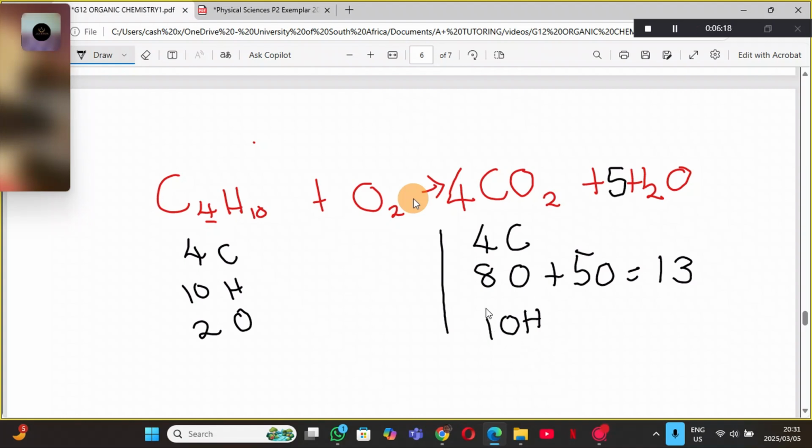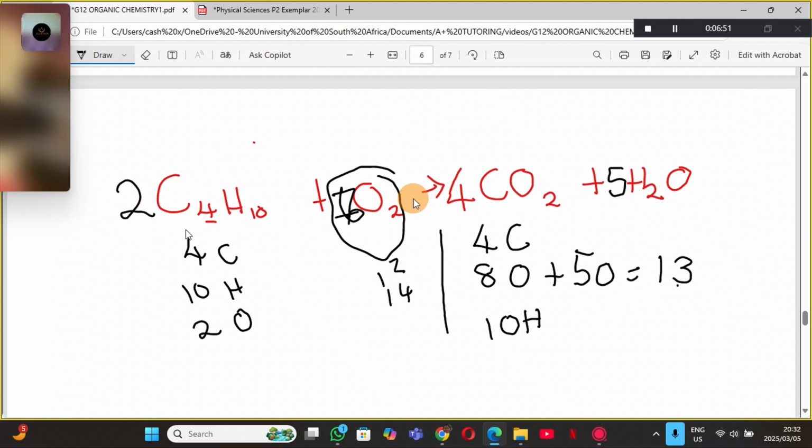Now on this side, how do I balance 13 O's and 2 O's? Because this is the only O I have, I technically need it to be an even number. If I say 6 times 2 will give me 12, which is still less. If I say 7 times 2 will give me 14, which is 1 more. So I'm going to have to try and balance, meaning I can try and say 2 on this side.